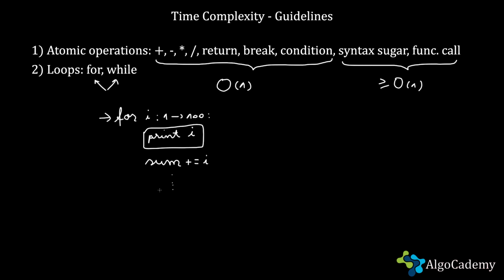But also inside the loop, we can have another loop, right? Maybe I want to print the first 100 numbers, but I want to print each and every one of them 100 times, right? So what will I do? Of course, I'm still going to need my loop, which is going through each and every number from 1 to 100.